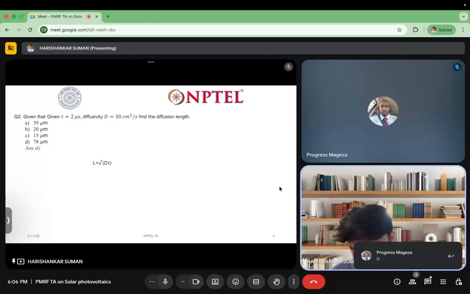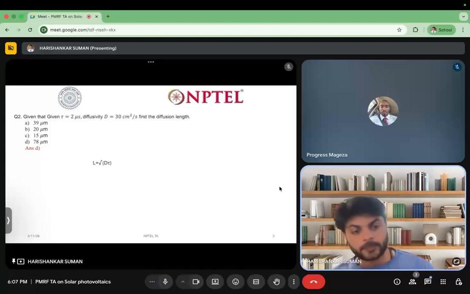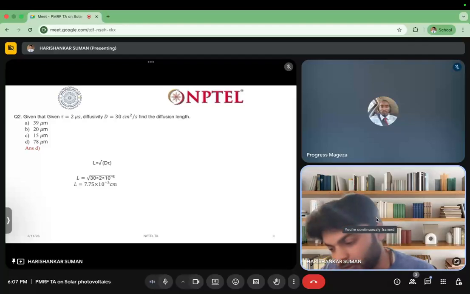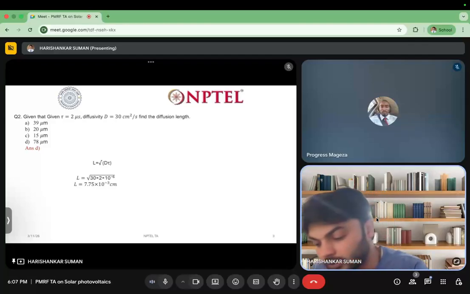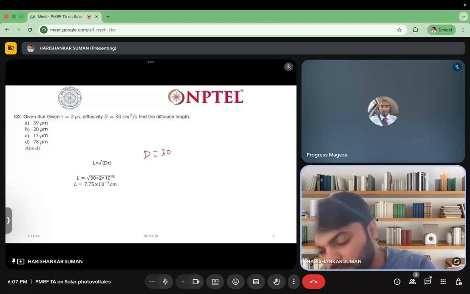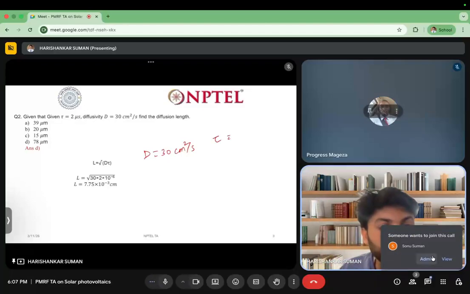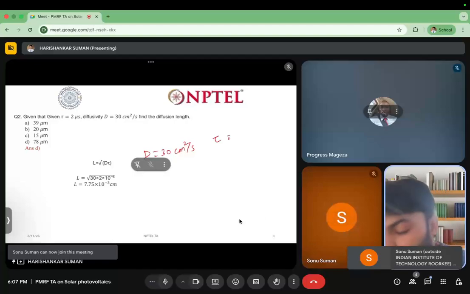Okay, D. So see the solution. D is given to you. What is D? D is 30 centimeter square per second, and tau is also given to you, 2 microsecond.